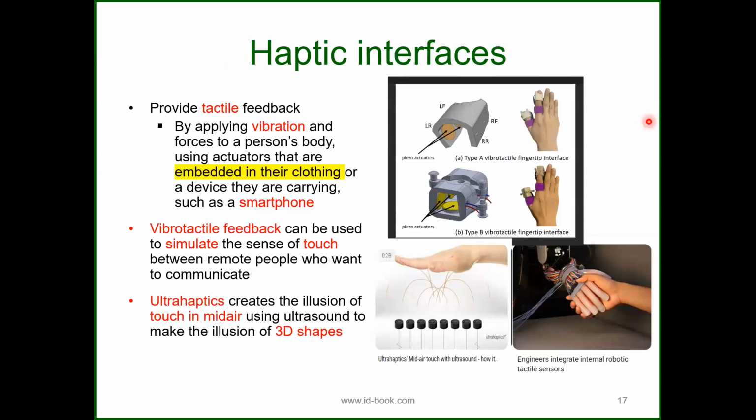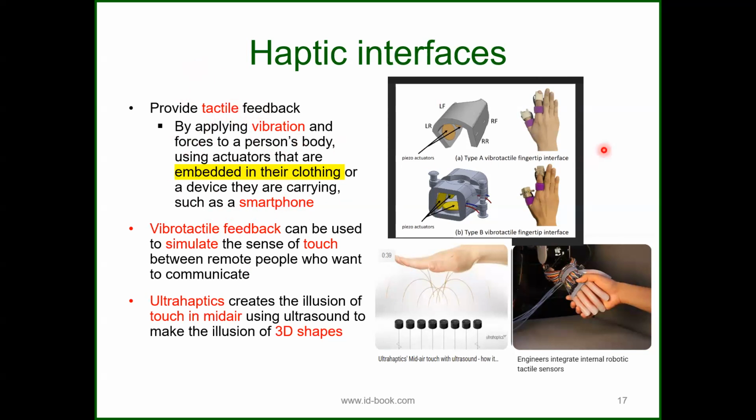The next very new type of interfaces used these days include haptic interfaces. The haptic interface provides tactile feedback. What do we mean by tactile? It means applying vibration and forces to the person's body by using actuators that are embedded in their clothing or a device they are carrying, such as a smartphone.